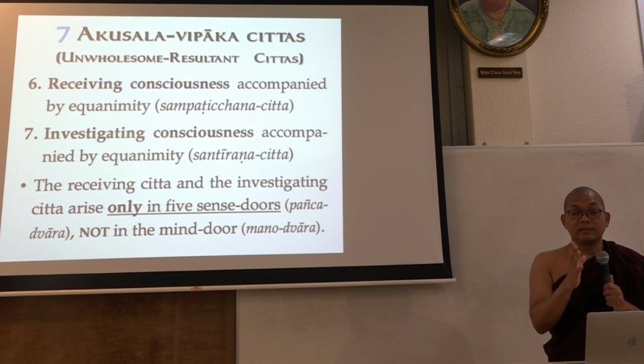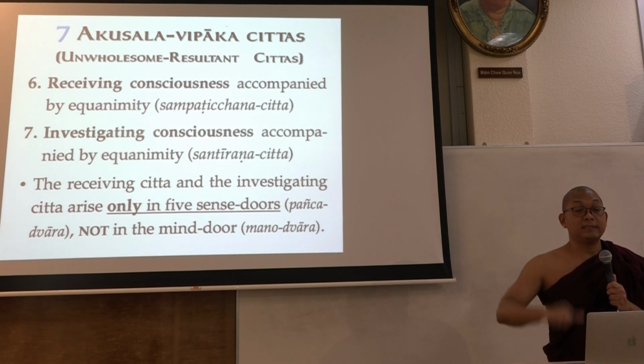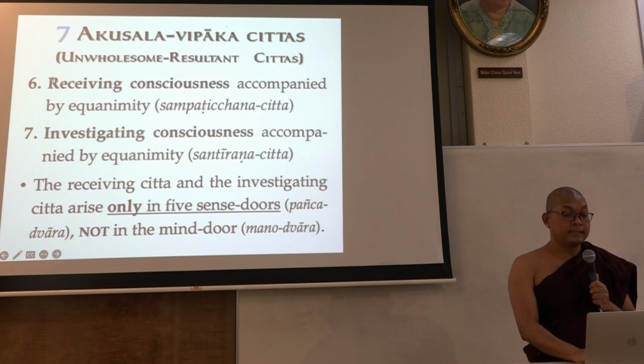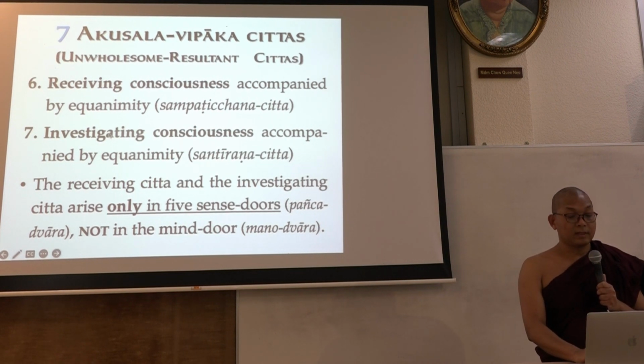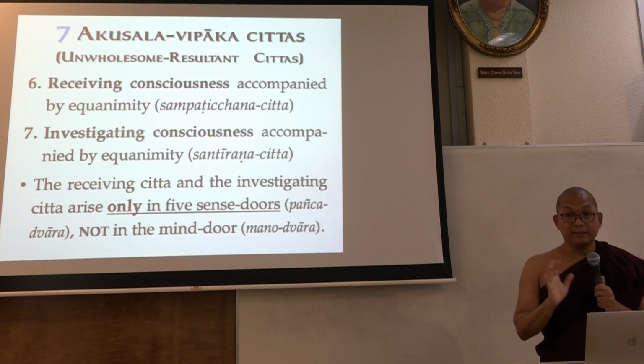As soon as you think about something, right away you understand it. You go to the javana state. So therefore, number 6 and number 7 arise only in the 5 physical doors. The 5 physical doors mean eye, ear, nose, tongue, body, right? Not in the mind door.